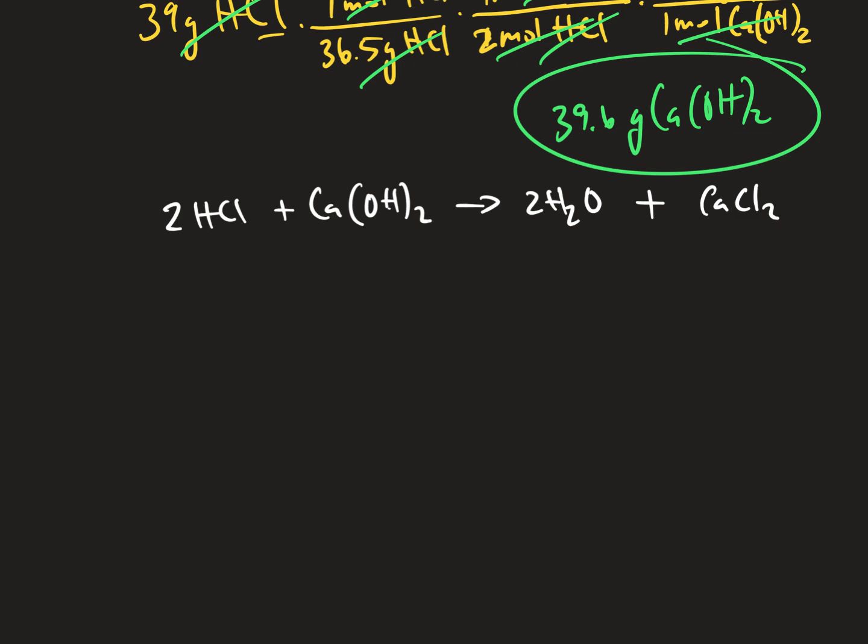And we want to know how many moles of HCl react with 350 milliliters of a 0.200 molar concentration of calcium hydroxide.